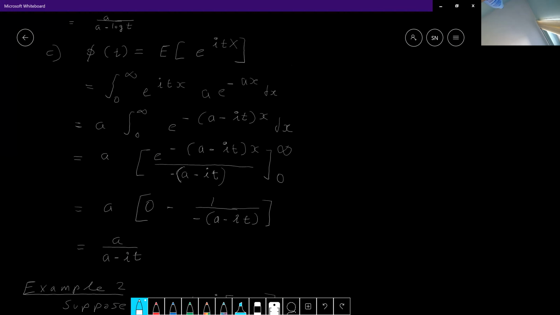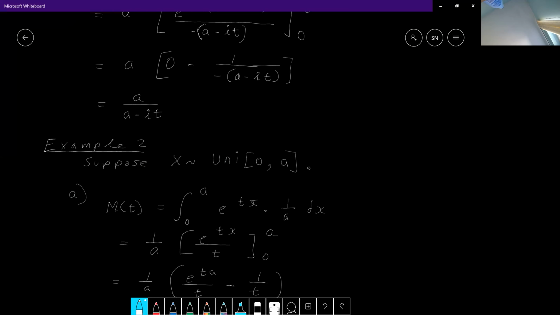In example two, I considered the uniform distribution from 0 to A, and I derived the MGF, which is given by this, the PGF given by this, and then I also derived the characteristic function, which is given by this.